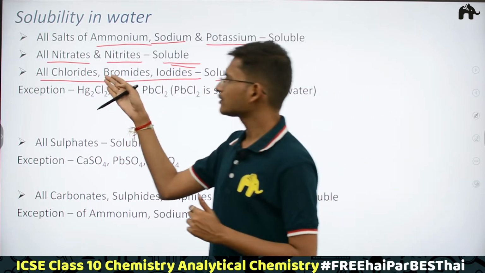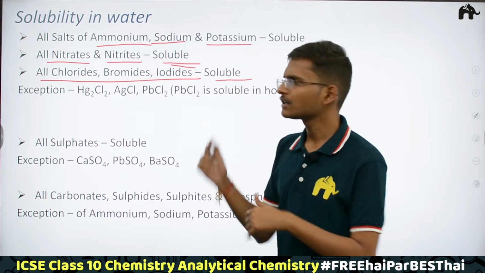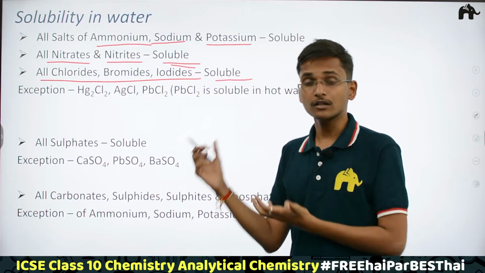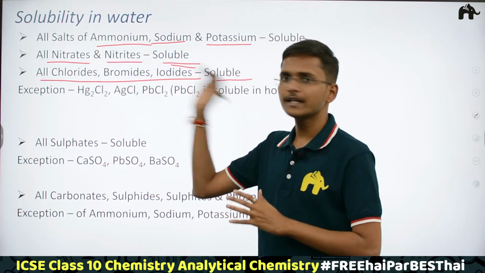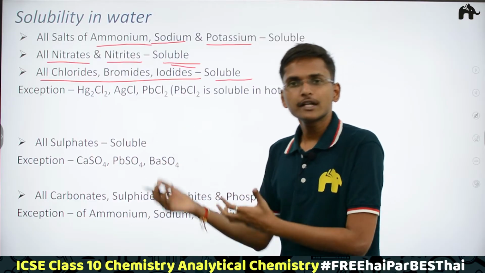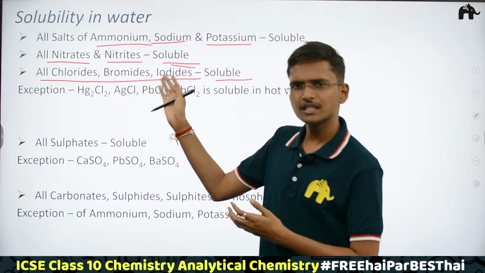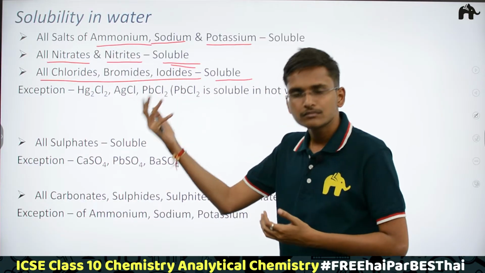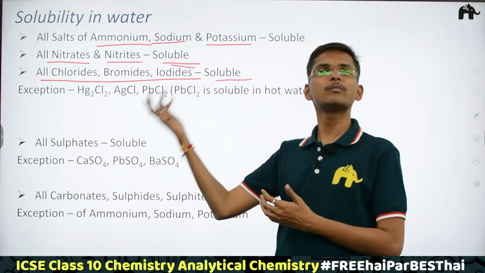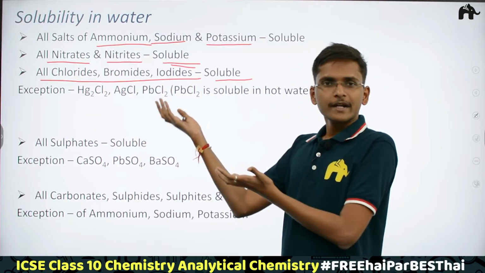Now what does this mean? Chlorides, bromides, iodides, same like nitrates and nitrites. You take calcium chloride, you take zinc chloride, you take ammonium chloride, you take sodium chloride, potassium chloride, or in the same case like bromides, you take potassium bromide, sodium bromide, zinc bromide, lead bromide.